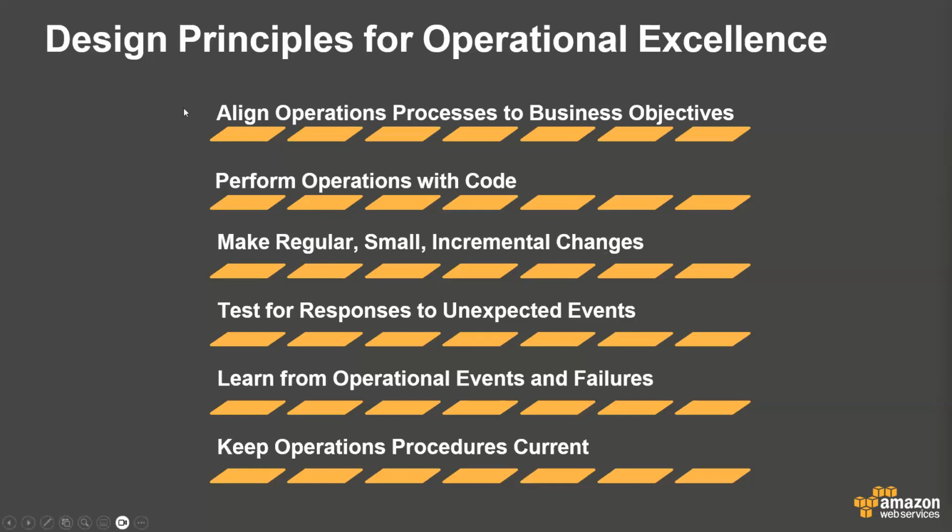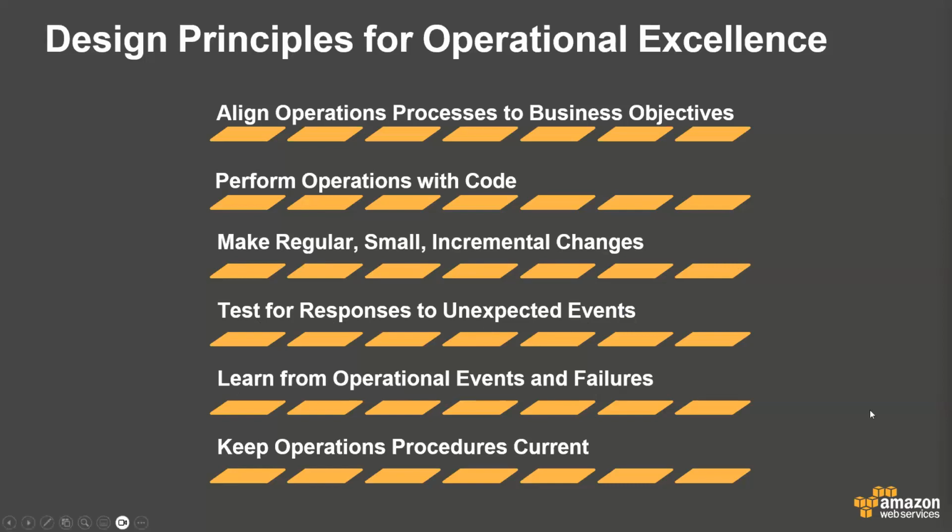Then just to mention the design principles under this pillar, we have align operations processes to business objectives, perform operations with code, make regular small incremental changes, test for responses of unexpected events, learn from operational events and failures, and then keep operational procedures current.